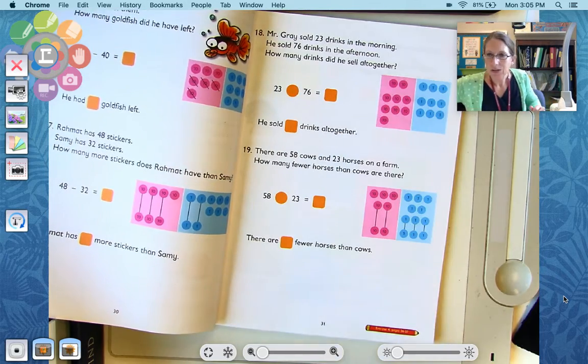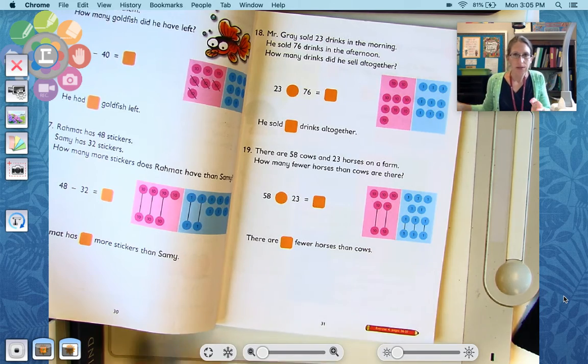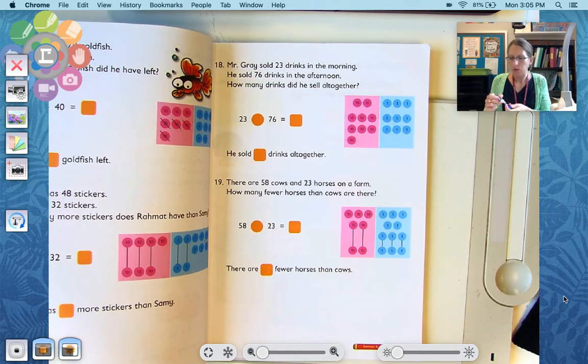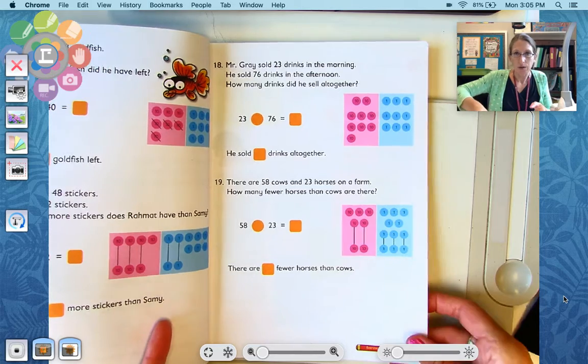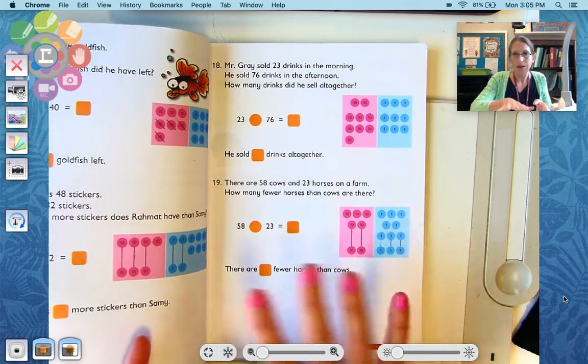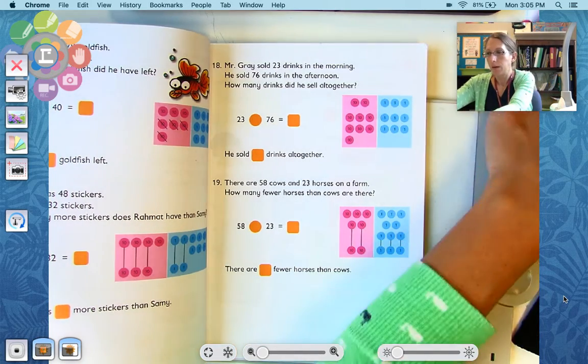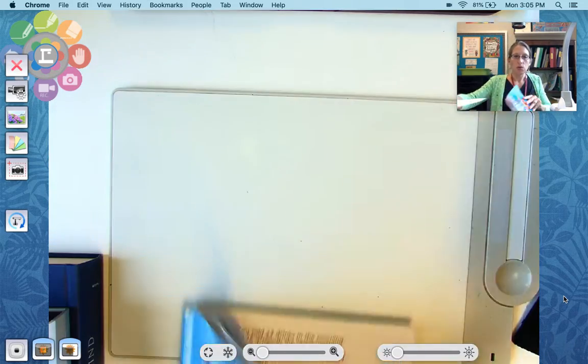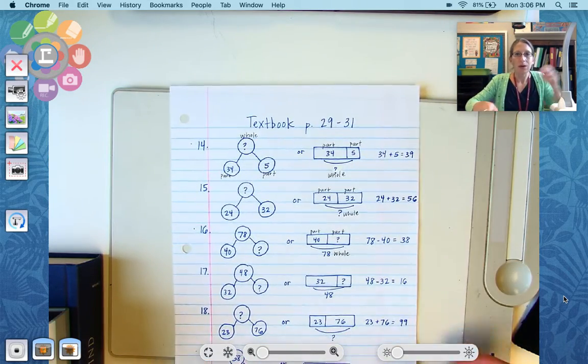Okay. So we are going to practice this a lot. So if you're thinking, oh, Miss Taylor, these unit bars don't really make sense to me right now, that's okay. We're going to be doing a lot of practice with them. And you'll notice for your textbook work today, we did a few examples together, but you can also look at my paper to really see how we would do each of these.